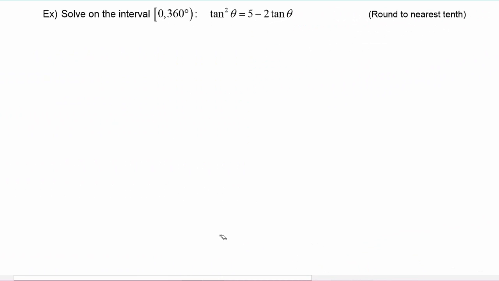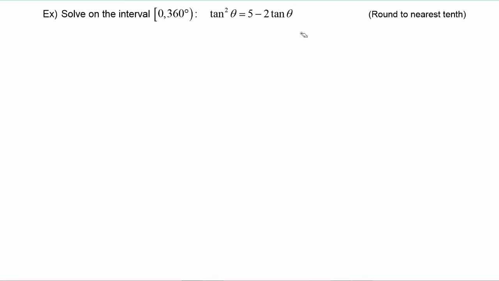In this next example, we are going to solve on the interval 0 to 360 degrees. So when we give our angle answers for this one, they will be in degree measurement. The equation we're given is that tangent squared theta is equal to 5 minus 2 tangent theta.